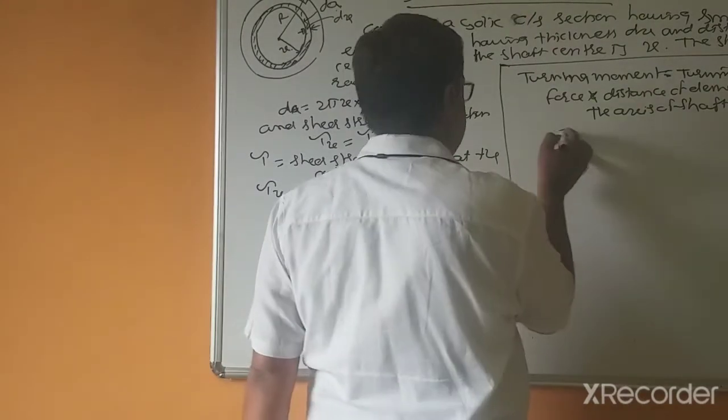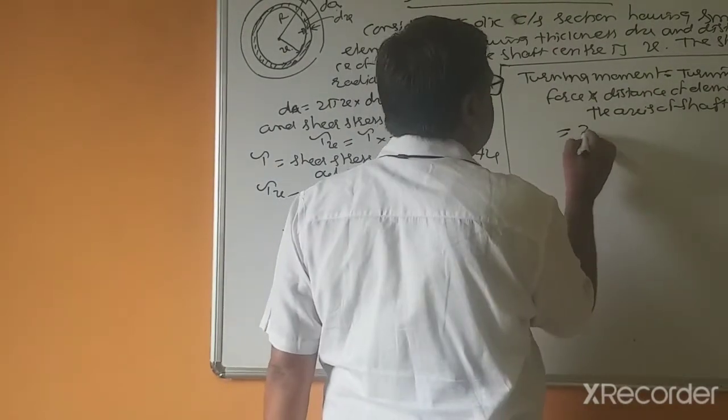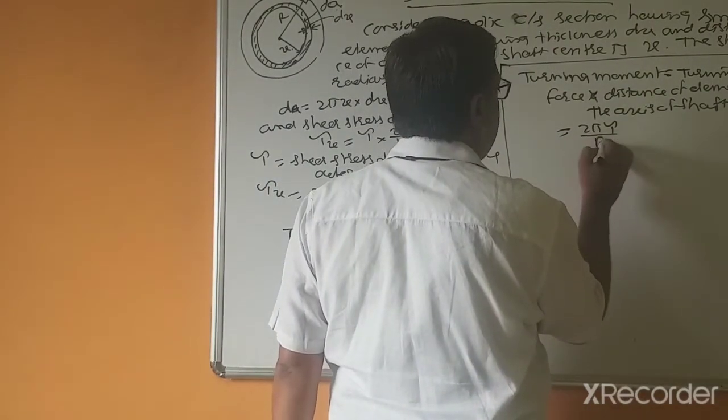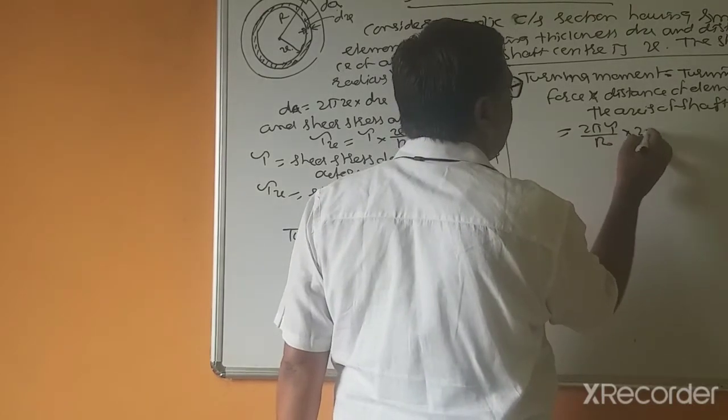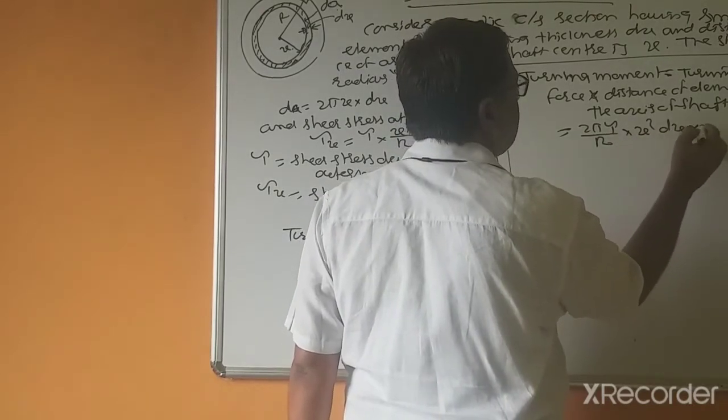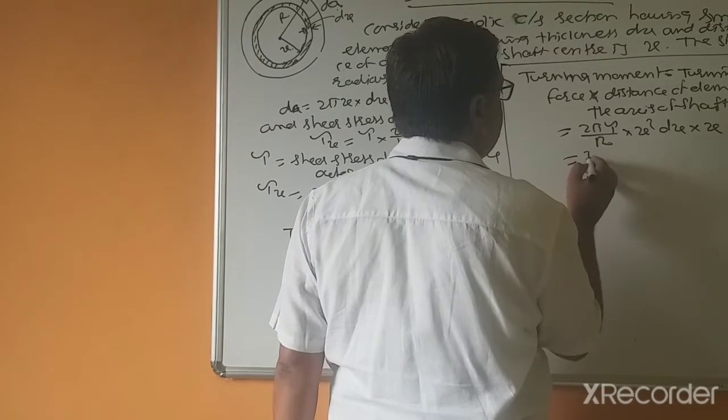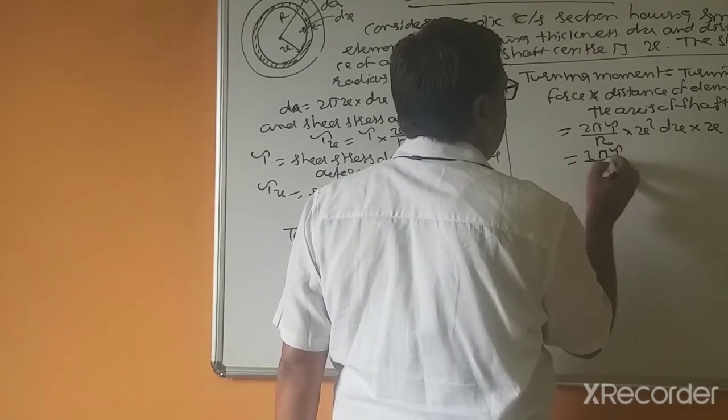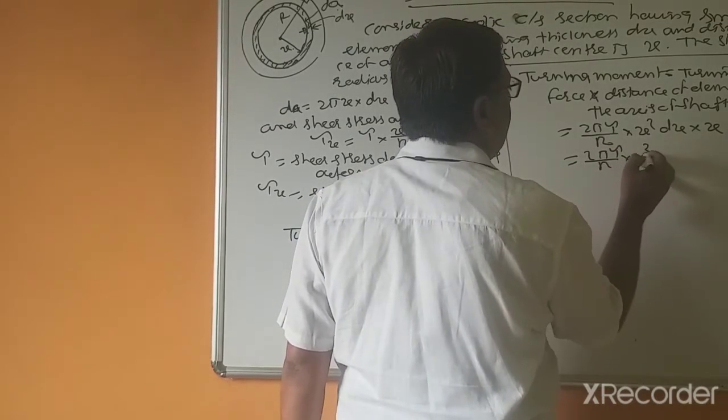So again you can write this as 2 pi tau divided by R into x square dx multiplied by x, that is 2 pi tau divided by R into x cube dx.